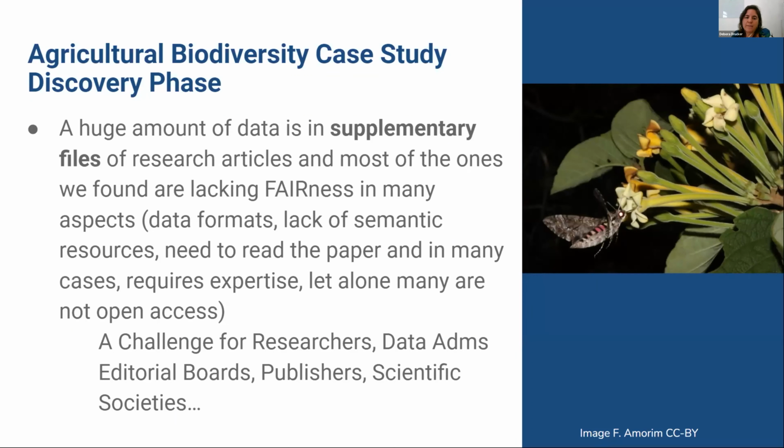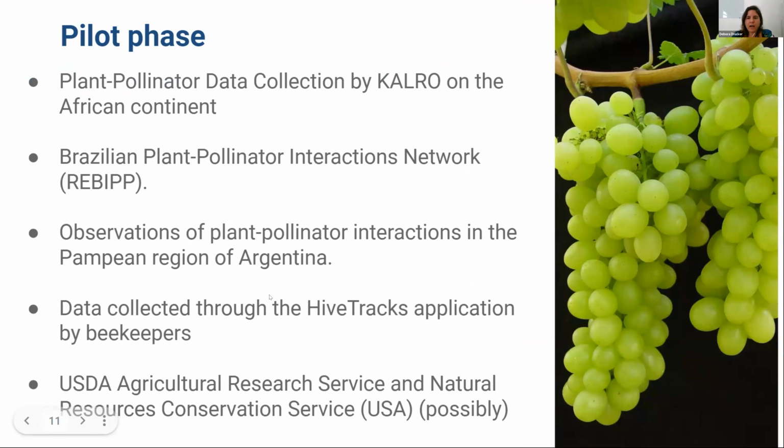So we highlight in the report, deliverable 10.1, that this is a real challenge for many actors: researchers, data administrators, editorial boards, publishers, and scientific societies. And now in the pilot phase, we are working with our partners for the standards adoption.